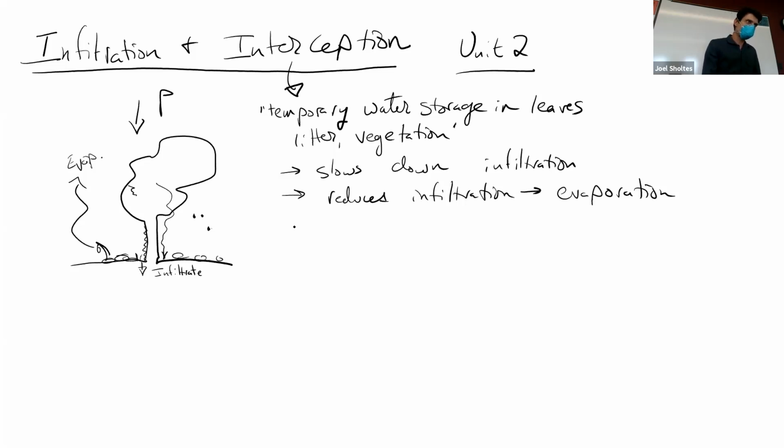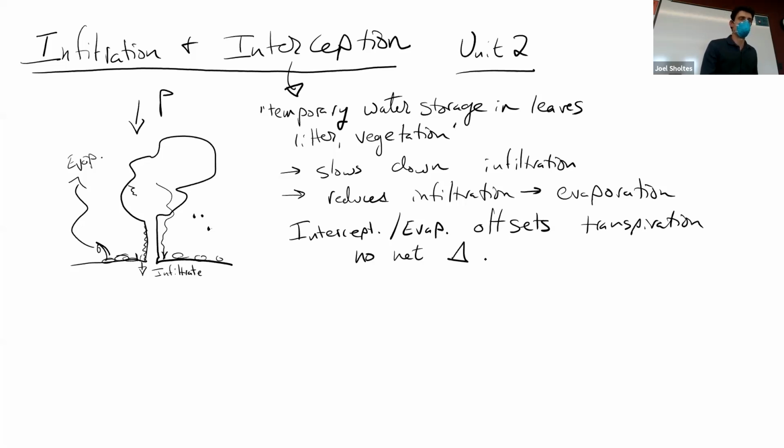So the water lost to interception evaporation often offsets transpiration, and in many cases you end up with no net change in the water balance. What would have been transpired by the plants is offset by the evaporation off of the plant surface.